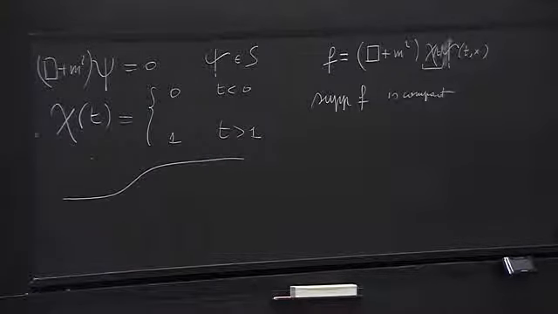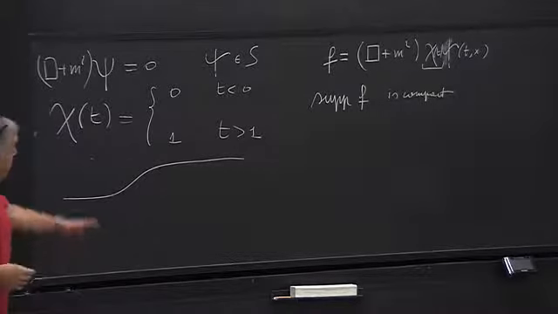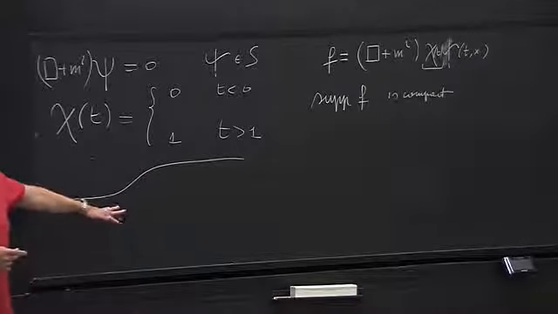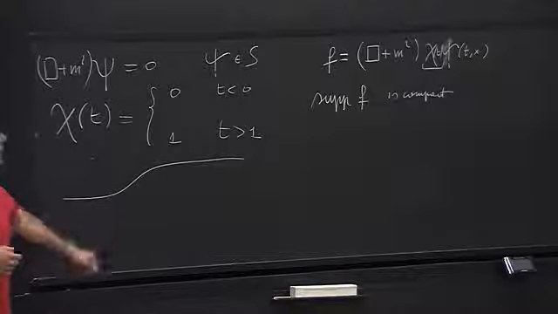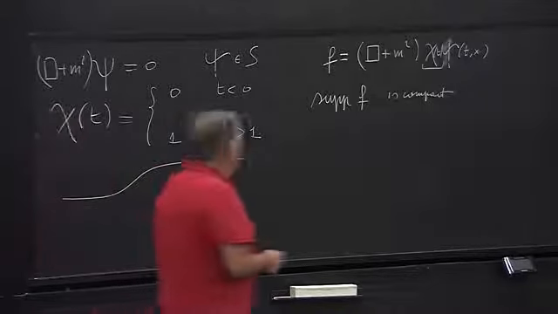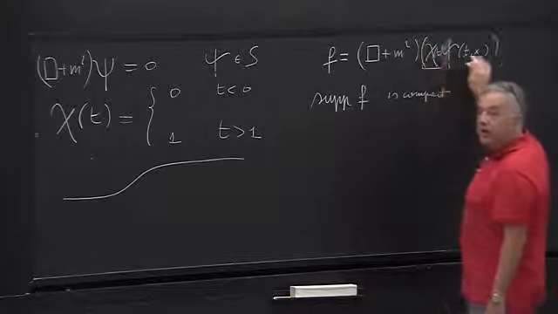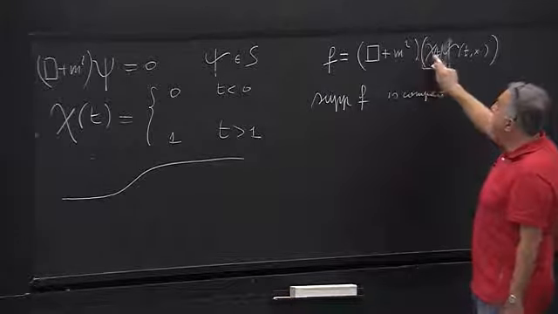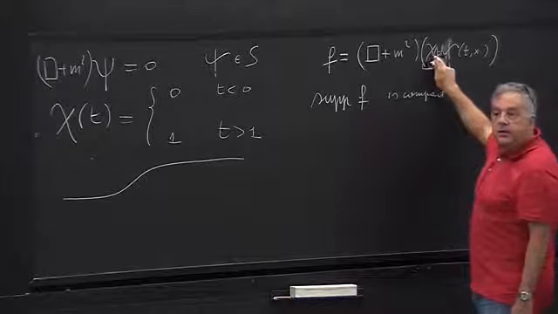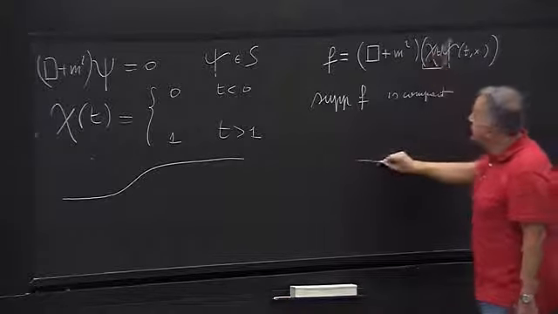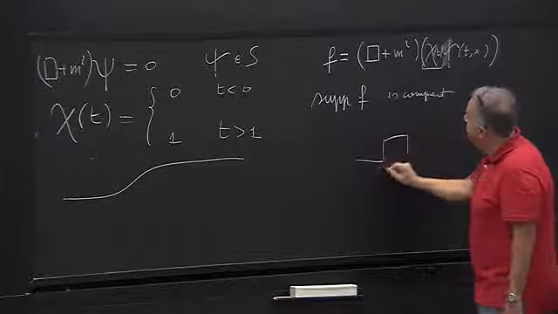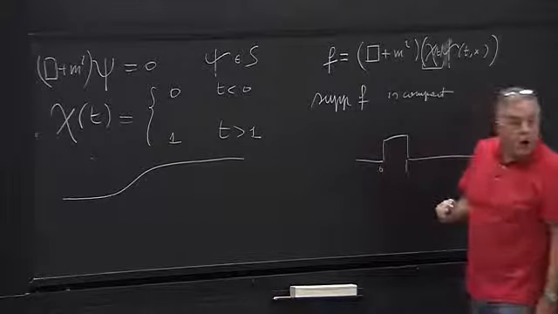Can I have a question? Your chi is 0 if t is less than 0 and 1 if t is greater than 1. What happens between? In between, it can be whatever you want. But think of this. Why is this compact? You see, when you apply the differentiation to this function, this vanishes everywhere with the exception of the interval 0, 1.